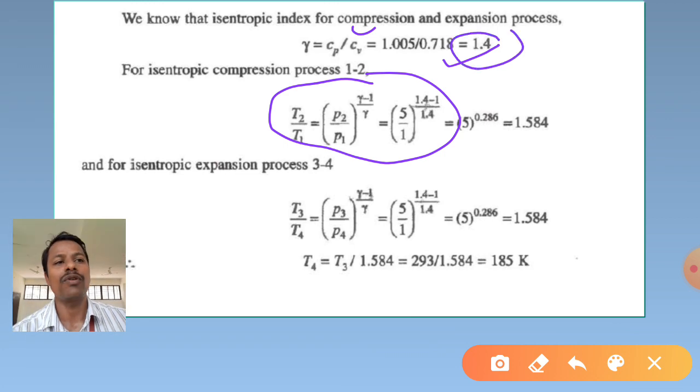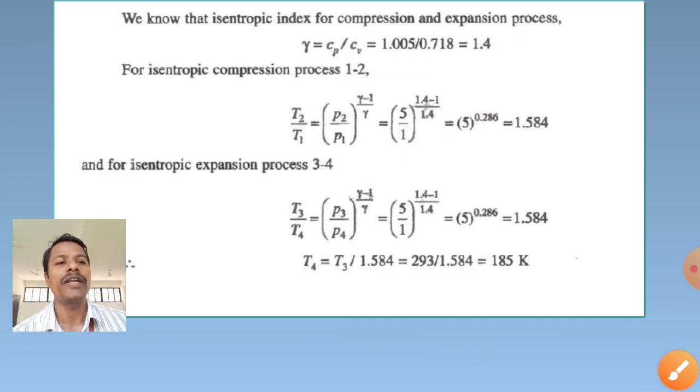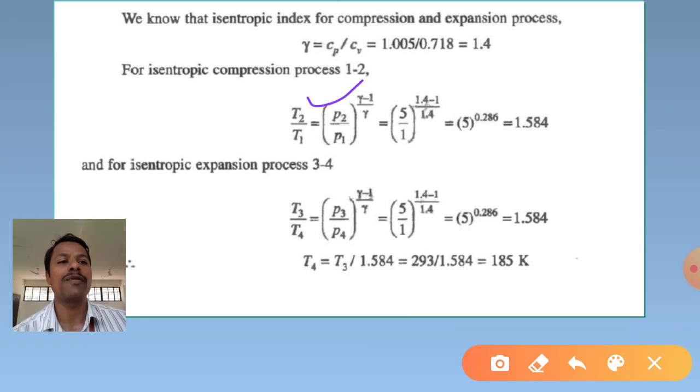So it will be 1.4. If he has mentioned Cp and Cv value, we have to use that, otherwise the standard value for gamma in any adiabatic or isentropic process is 1.4, we can use that. So for isentropic compression process 1 to 2, we will apply the isentropic law, T2 upon T1 is equal to P2 upon P1 raised to the power gamma minus 1 divided by gamma.